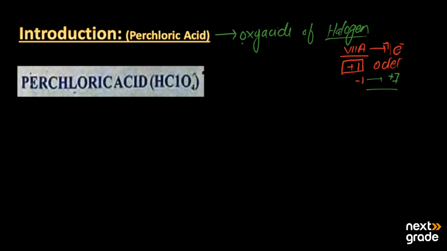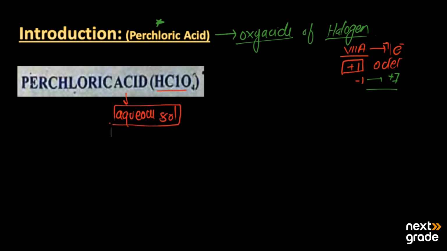From the class of the oxyacids, here we have perchloric acid, which is an important class of the oxyacids of the halogen. Basically, perchloric acid has the formula HClO4, in which four oxygen atoms are attached, and this is commonly obtained in its aqueous solution.